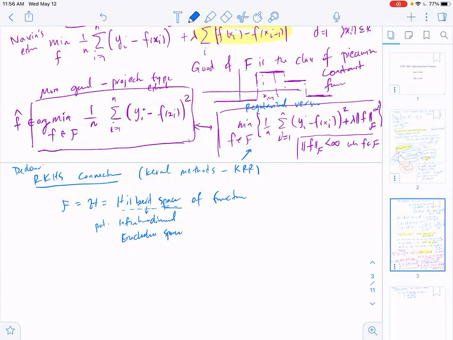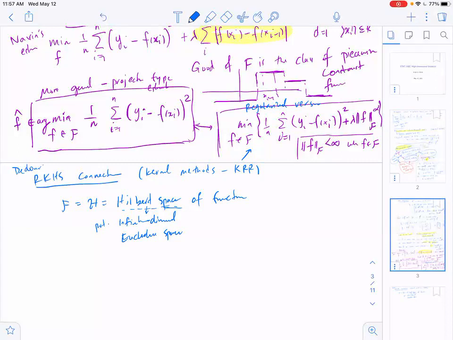So it is a vector space with an inner product that makes it complete. The completeness is because we care about convergence of sequences, so that Cauchy sequences converge. It could be infinite dimensional, and usually it's more interesting when it is.